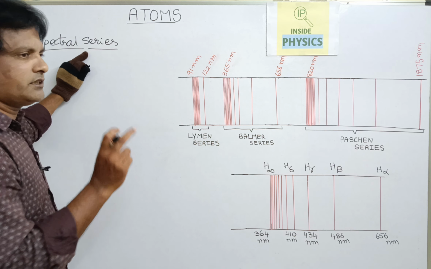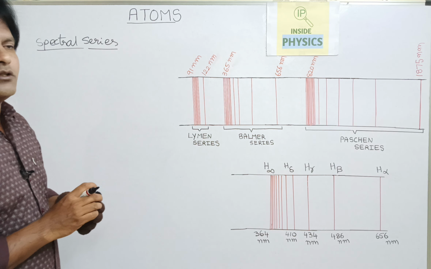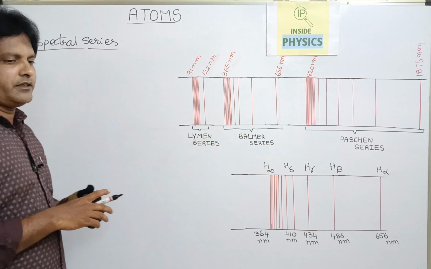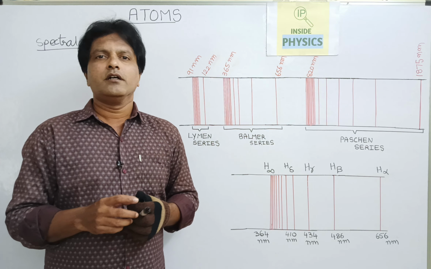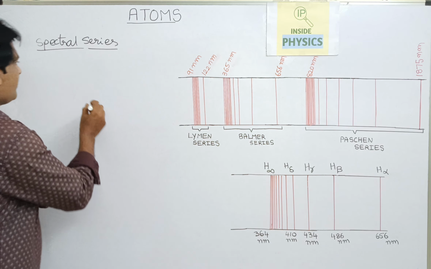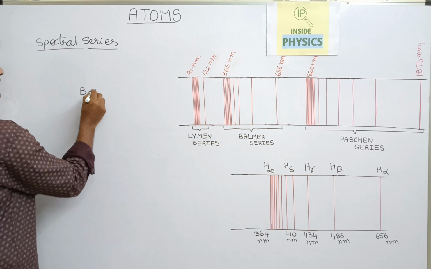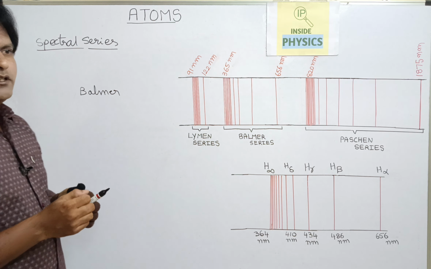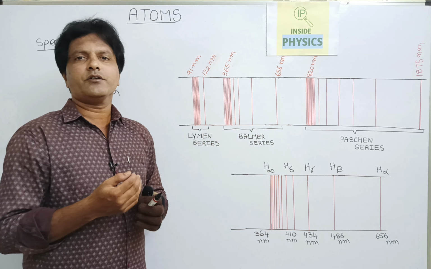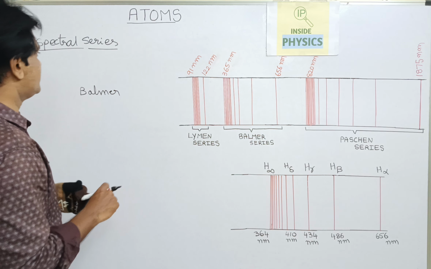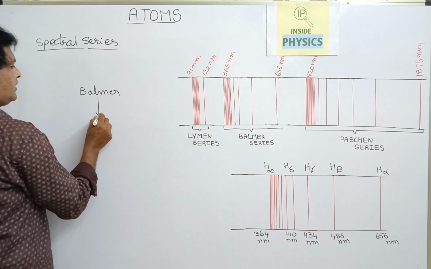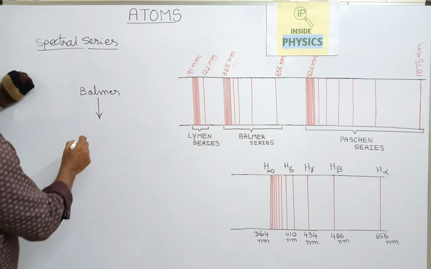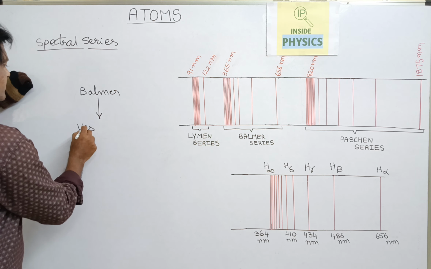These spectral series are a set of lines. While doing experiments on hydrogen gas, a scientist called Balmer identified some characteristic spectral lines emitted by the hydrogen gas in the visible region. He observed the characteristic spectrum in the visible region.